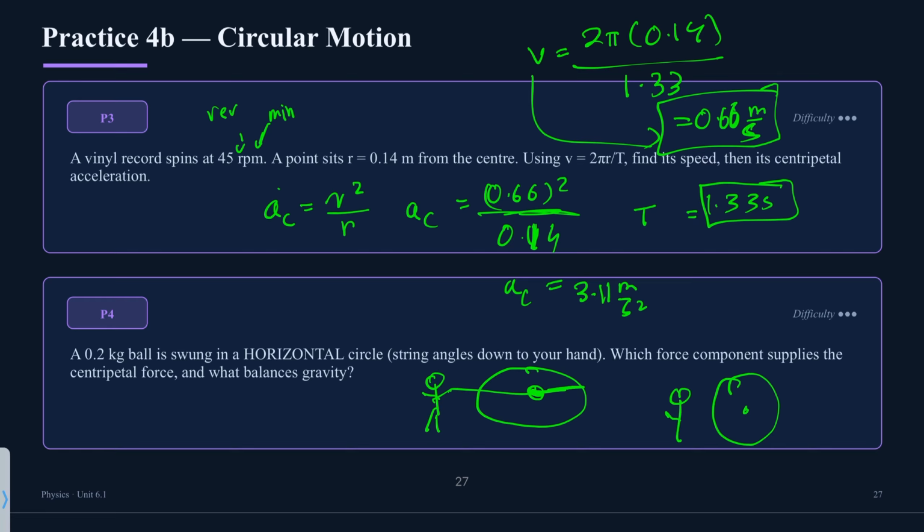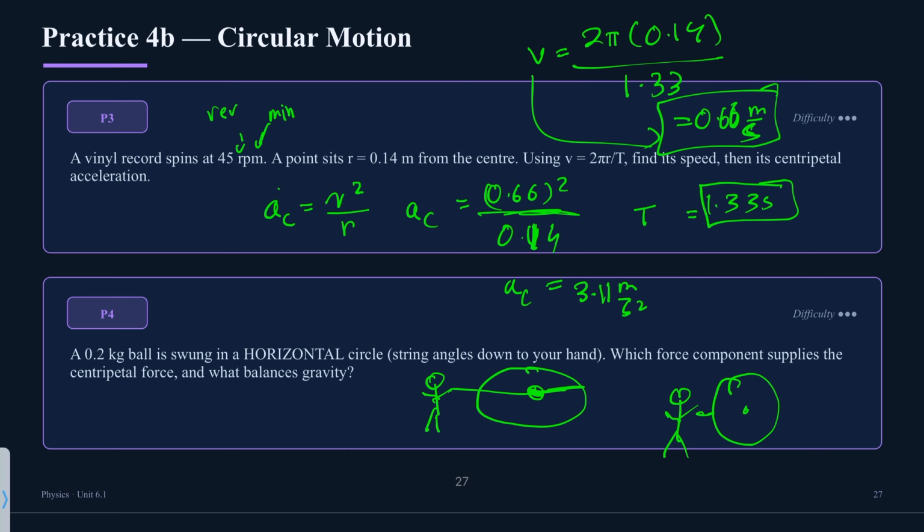A vertical circle is like a roller coaster. But a horizontal circle is more like a hula hoop, right? It's level with your body. You're just spinning it horizontally. It's not vertical.